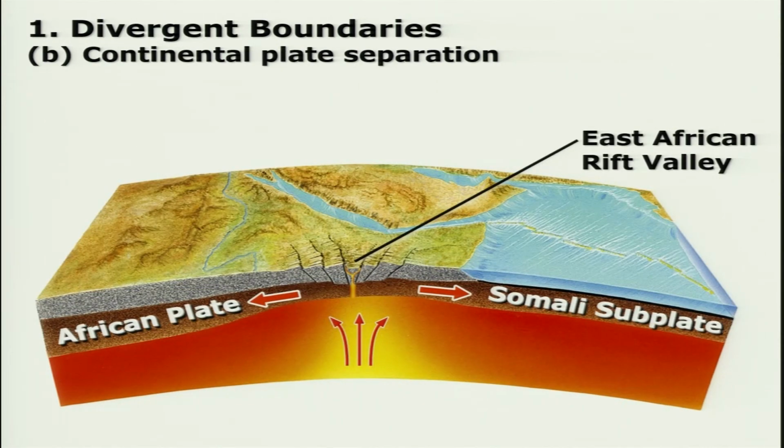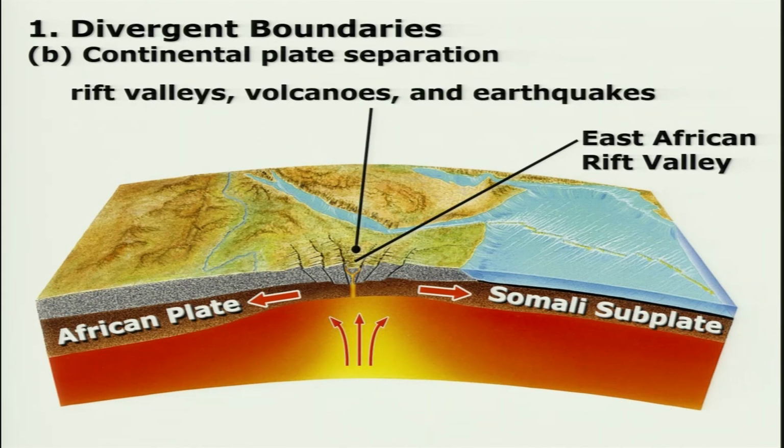Then we have rift valleys, as we have seen in the example of the African plate, and we also discussed in brief the East African Rift Valley. So we will see rift valleys, volcanoes, as well as associated earthquakes in such locations.